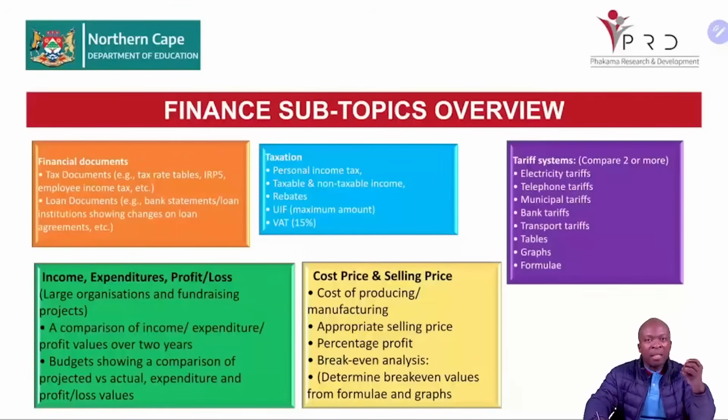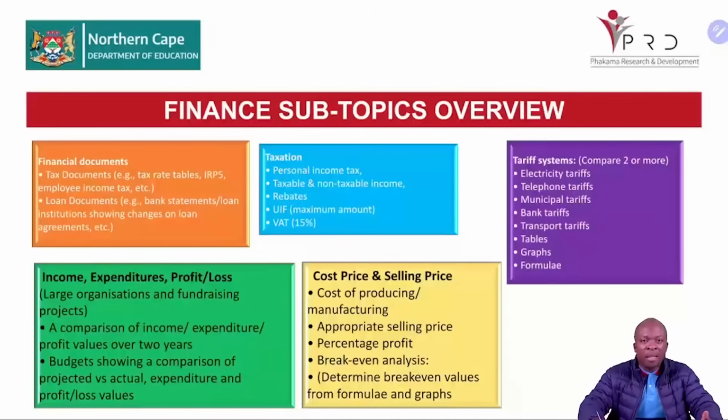Under finance, let's look at some of the subtopics. We have our financial documents that deal with tax documents, loans, bank statements, a whole lot of them. Then we have taxation, like personal income tax. But on that one also, it comes with taxable and non-taxable deductions, rebates, tax threshold, UIF, VAT.